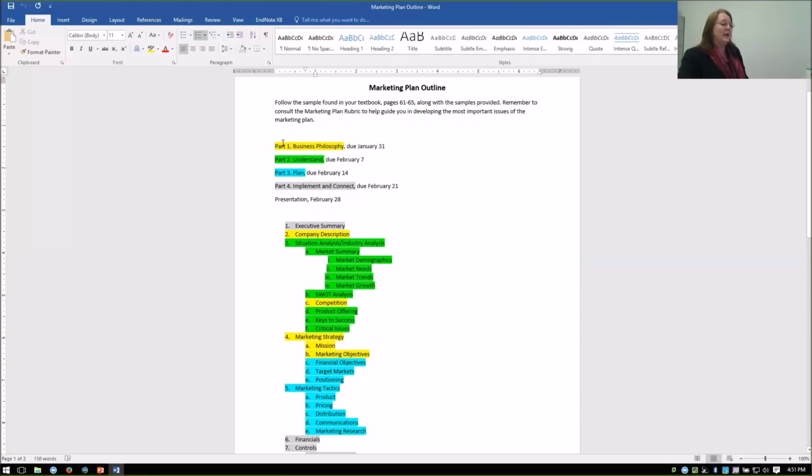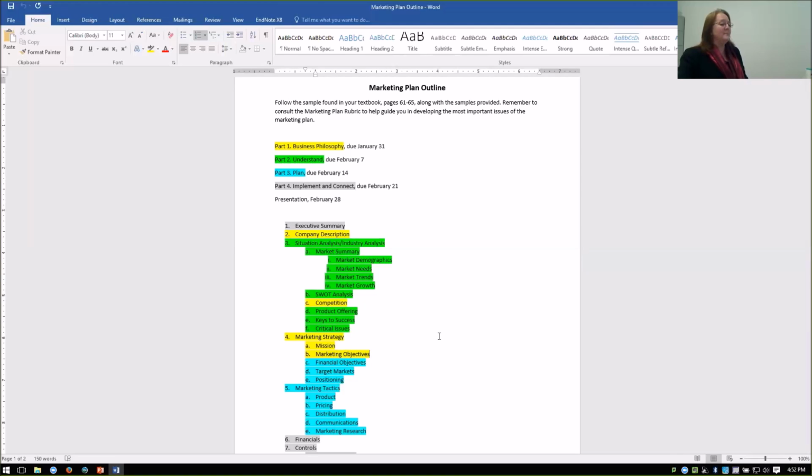You should be looking at the part 1, business philosophy, the parts that are in yellow here. Okay. And then for next week, you should be looking at the parts that are in green. Okay. So the company description, competition, marketing strategy, the mission, and the marketing objectives. And I would say you're looking at probably about 3 pages double space. It could be 4 pages.